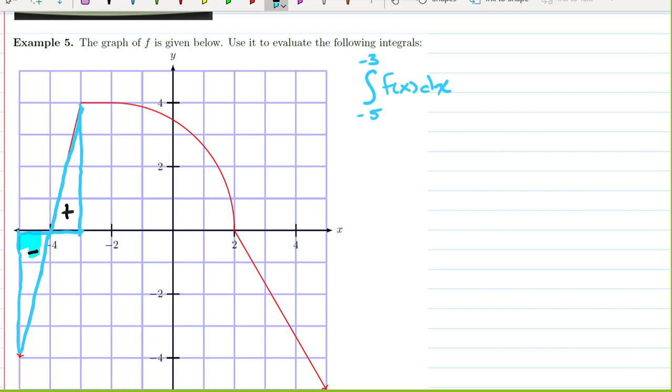So that means the area of this first triangle is going to be negative and the area of this second triangle is going to be positive. But we notice for those two triangles that they have the same base and height. So we have base 1 for each of them, and they have height 4.